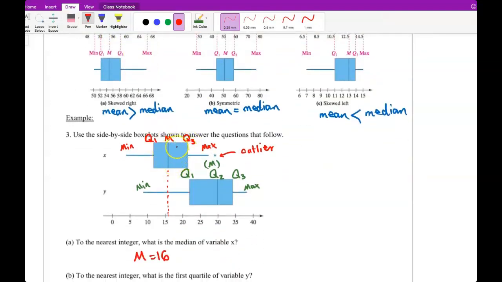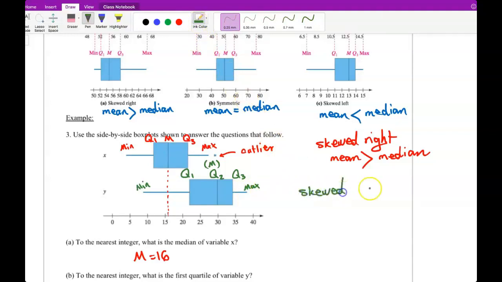This is skewed right, and mean is greater than median. But for this part, this median is here on the right side. So that is skewed left, and mean is less than median.